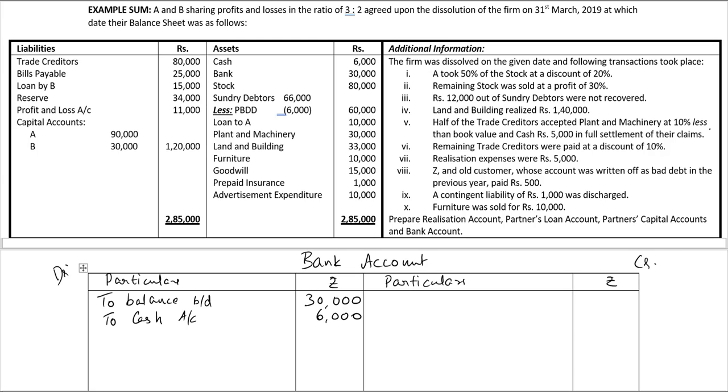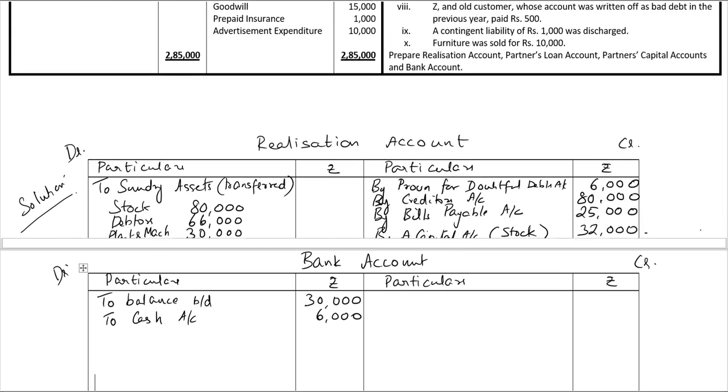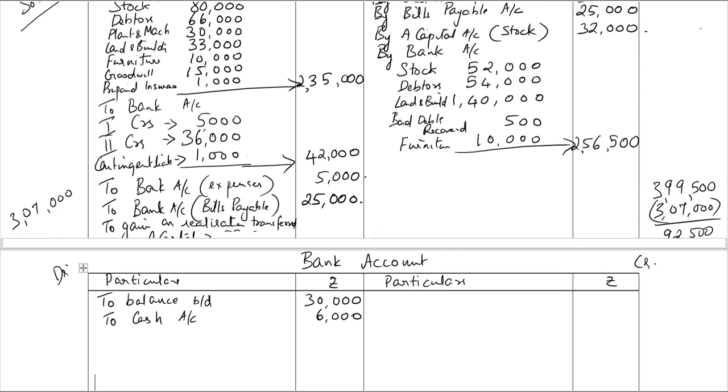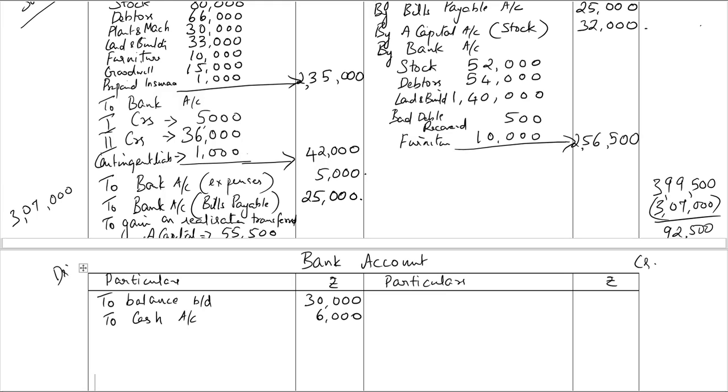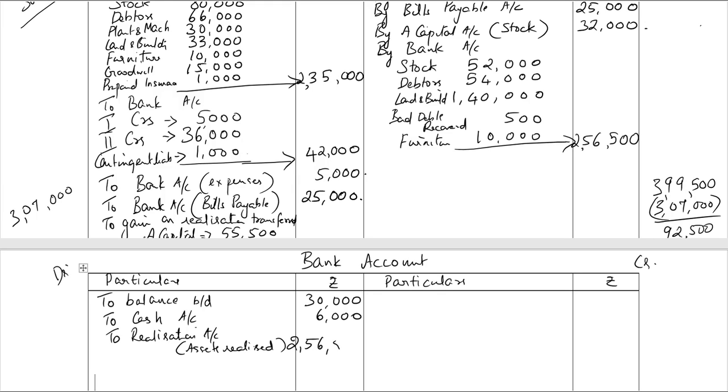We'll move on to the realization account to find out the amount which is realized from sale of assets and payment of liabilities, the amount paid. So to realization account for assets realized, the total amount realized from sale of assets, 2,56,500 rupees.